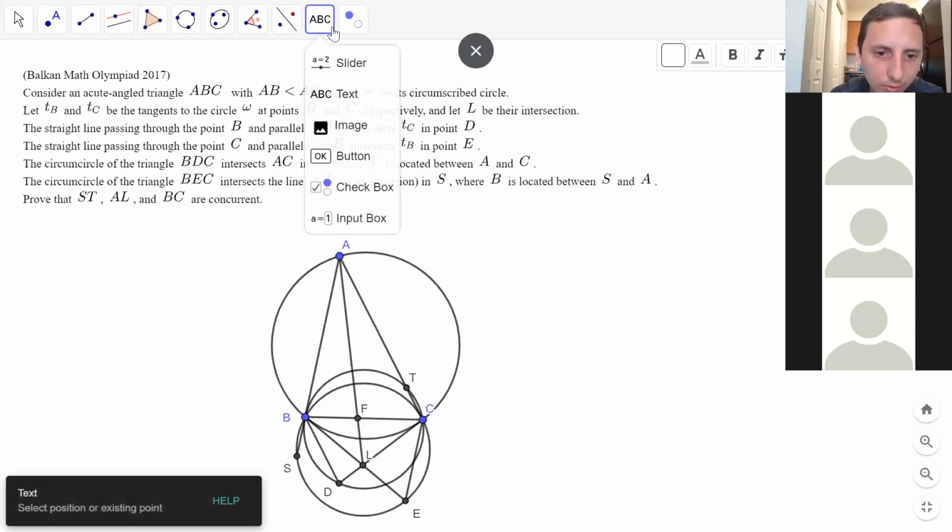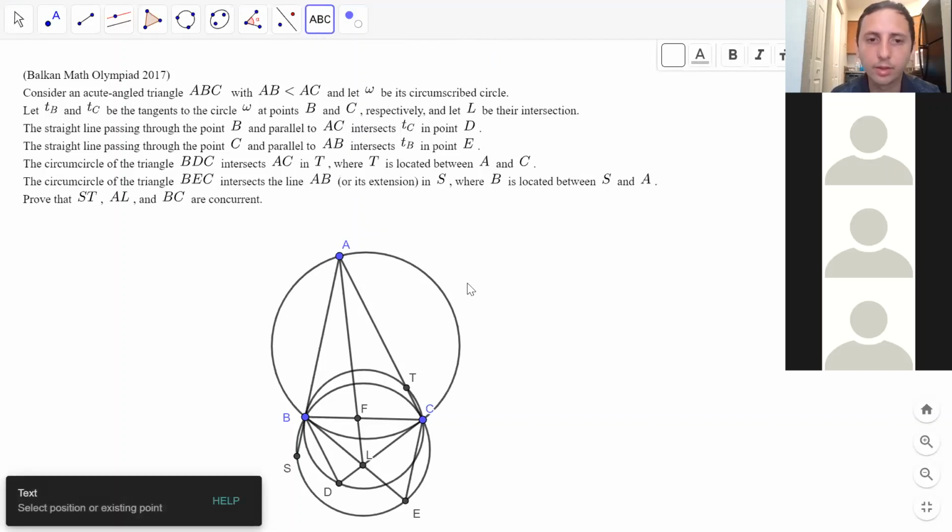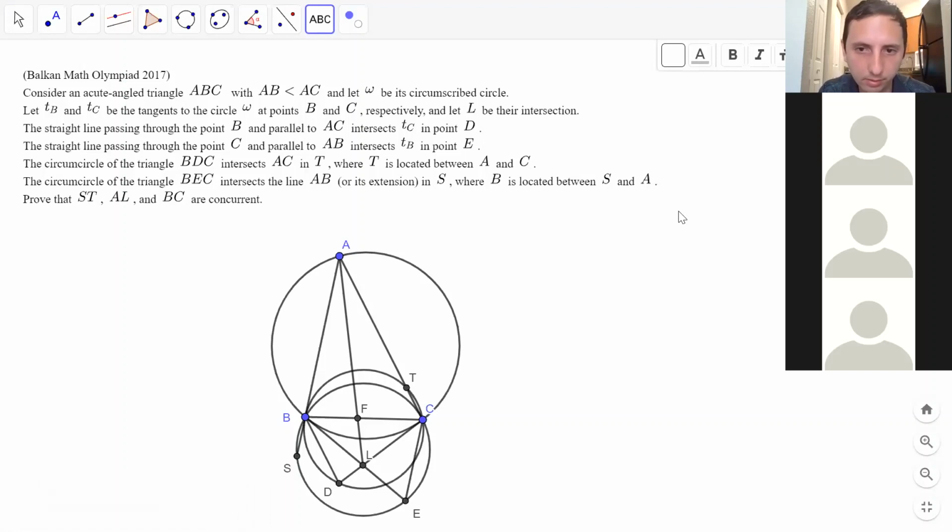I don't think so. No, it can't be. Oh, BDC is ABC. So yeah, BDC is ABC and BEC. Yeah, I mean, that's direct. Once we know AB is tangent, it directly follows that BDC is ABC.